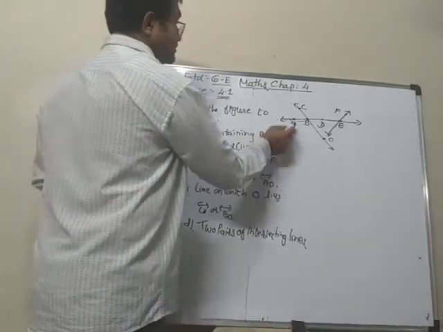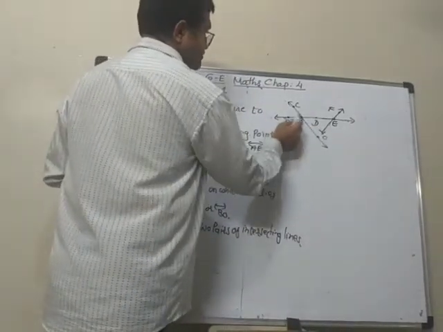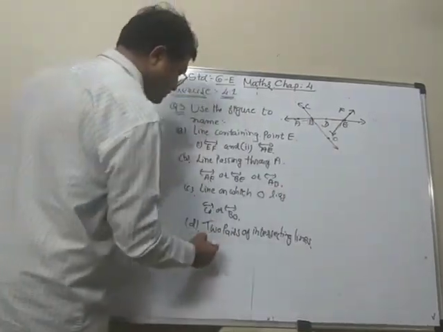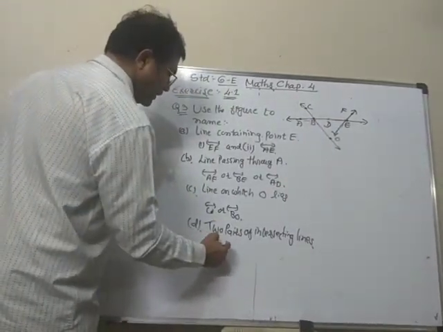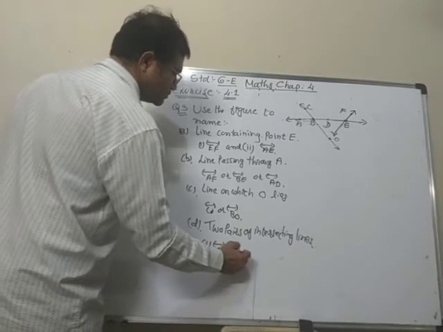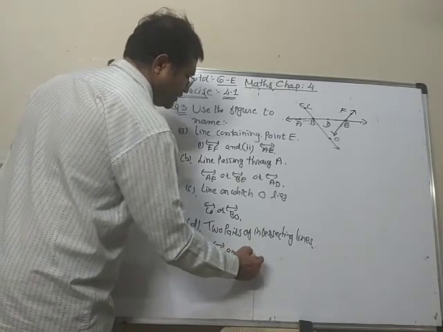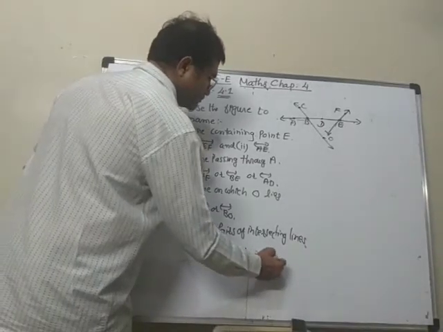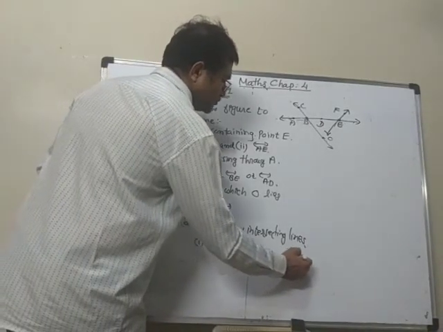You can see that here 2 lines are intersecting. So one pair is line CO and line AE. Line CO and line AE intersect at which point?